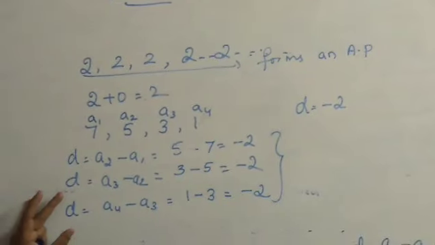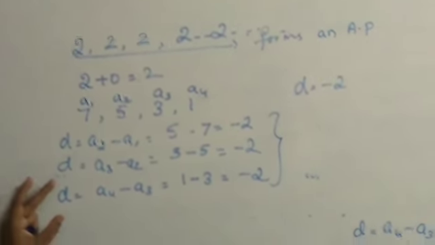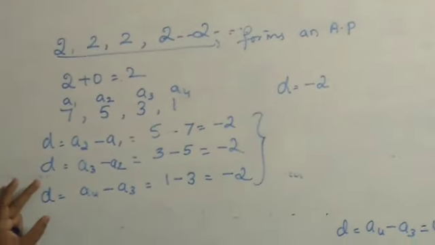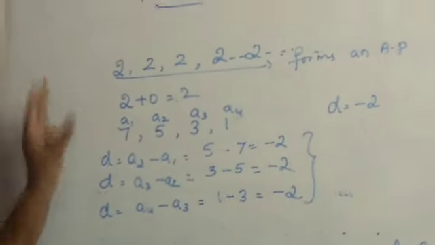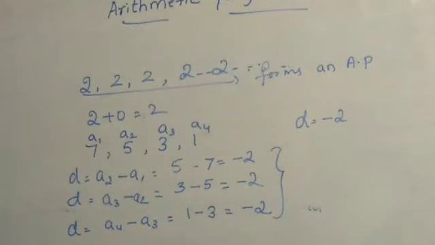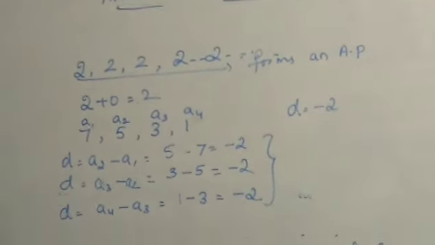You have to know the definition of the arithmetic progression. You have to know what is D, what is A, all that I have explained now. You have to learn those thoroughly. Then we will go for Exercise 1.1.